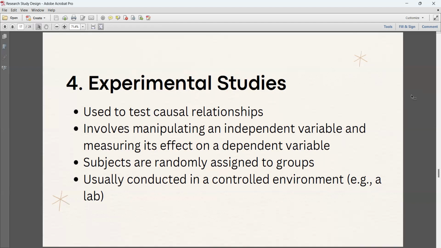They're used to test relationship or causal relationship between variables, if a particular variable, for instance, causes an outcome. The difference between experimental and other kinds of studies is that we are trying to manipulate an independent variable and measure its effect on a dependent variable.